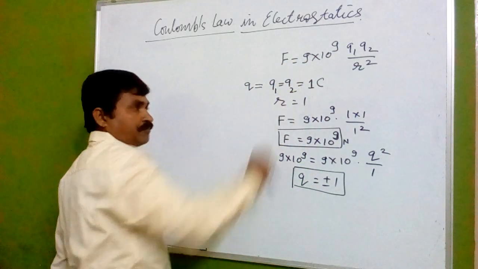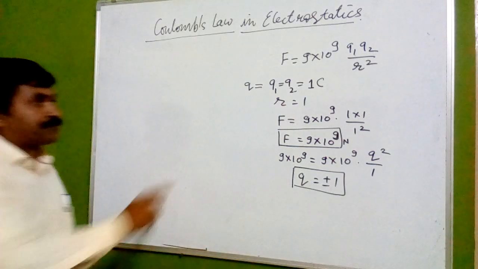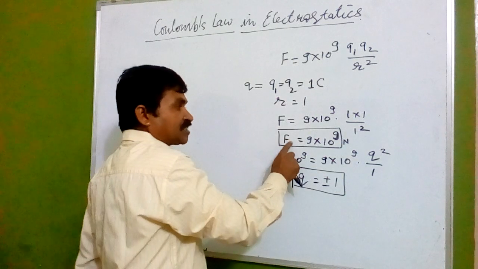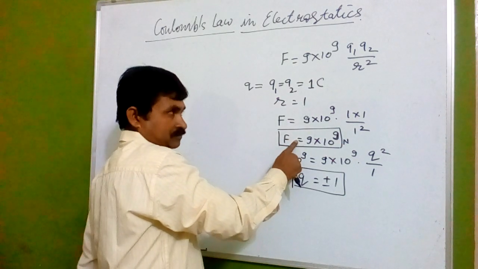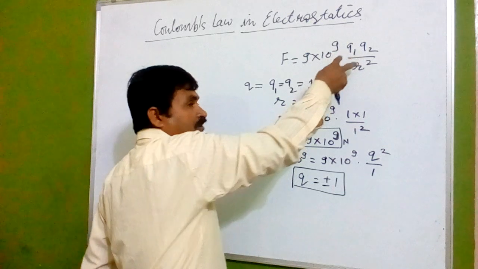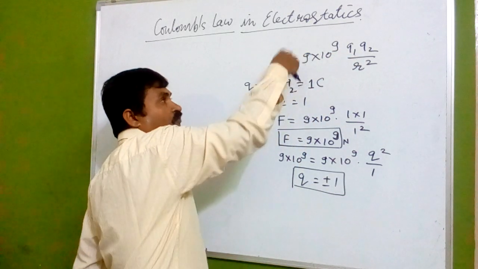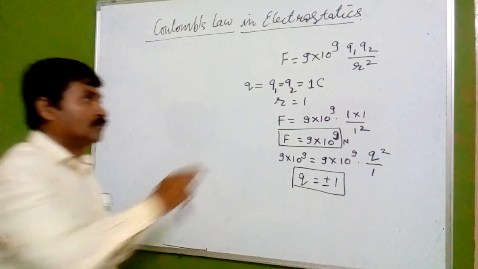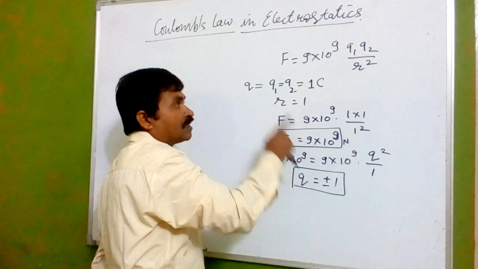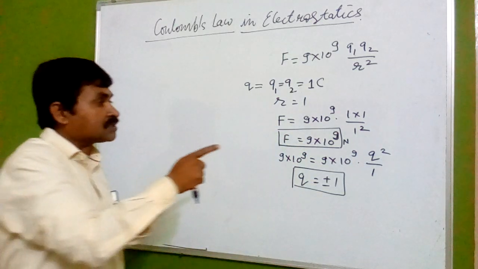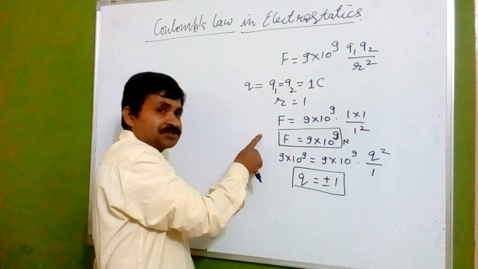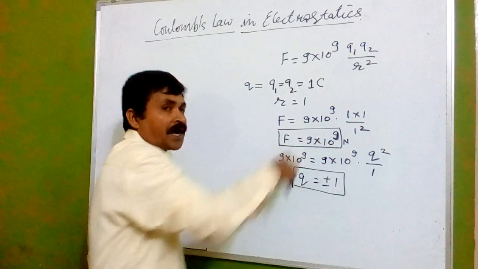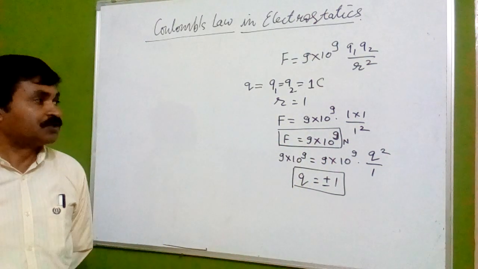Since both are positive, it is a force of repulsion. So 1 coulomb is that charge which exerts a force of 9 into 10 raised to the power 9 Newton.